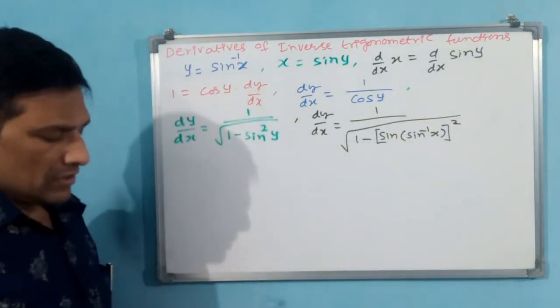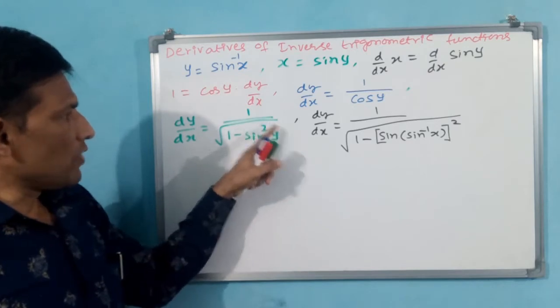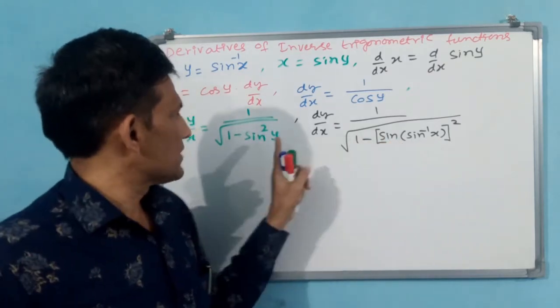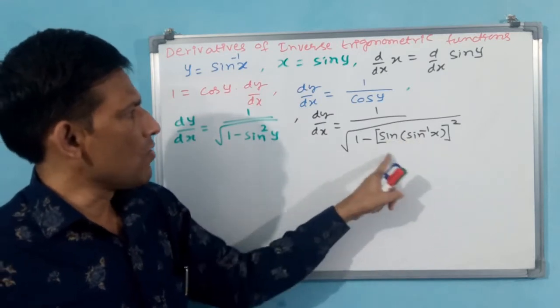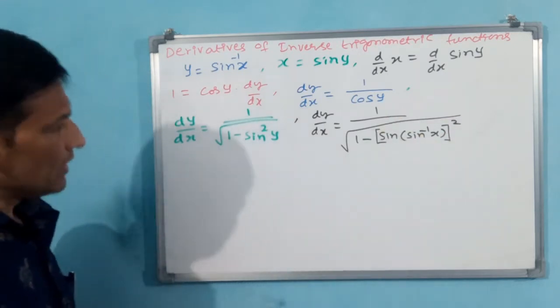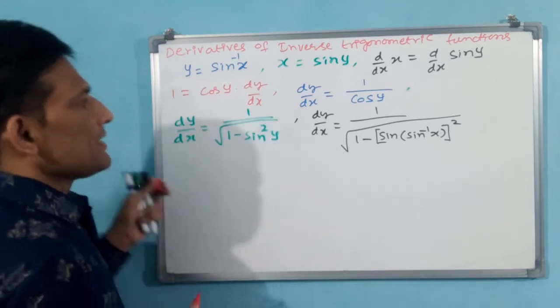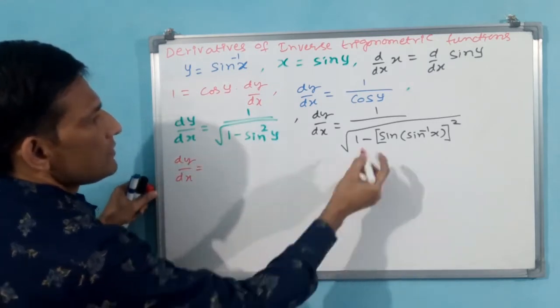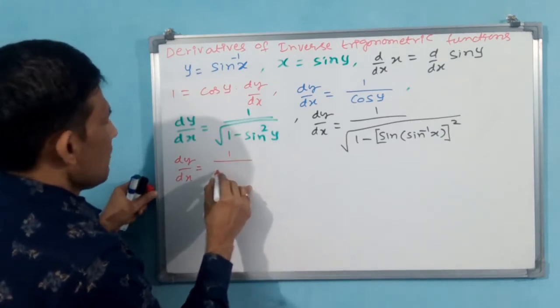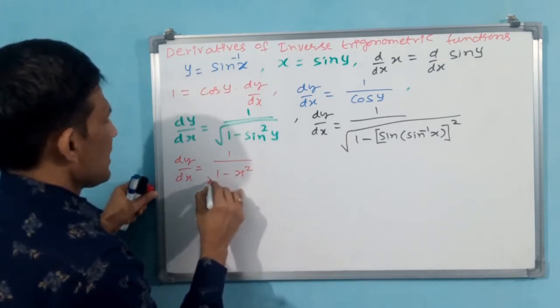Why? Because sine square y means sine y whole square. If I write like this, what will happen? This will happen: dy by dx is equal to 1 by square root of 1 minus x square.